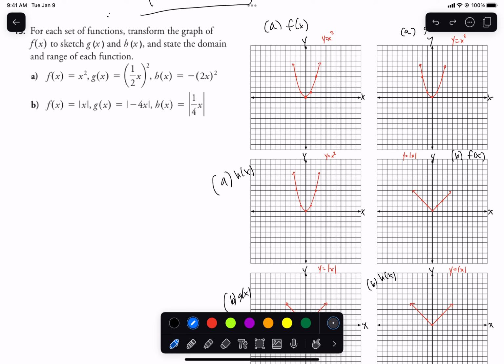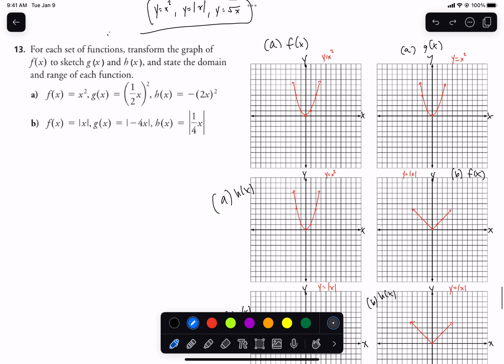So A is going to be the base, f of x, and then g of x. G of x is going to be the transformed graph, 1/2 x squared. Now I see brackets for the g of x function. What I'm going to do is just write down the transformation here.